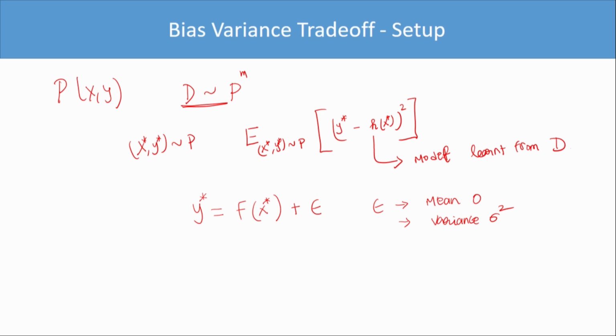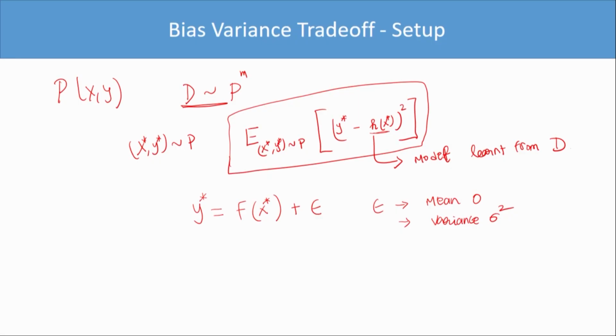We are assuming that the way we are going to model y star is through h. Our guess for the form of f is h. It may be correct, it may be completely wrong, right? Now we want to see the relation between how well our assumption on h relates to whatever was the actual f that generated the data.